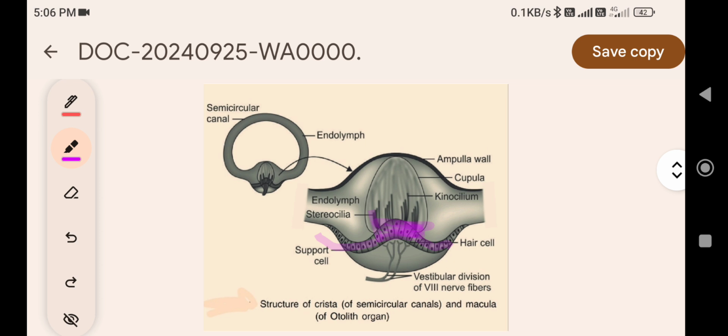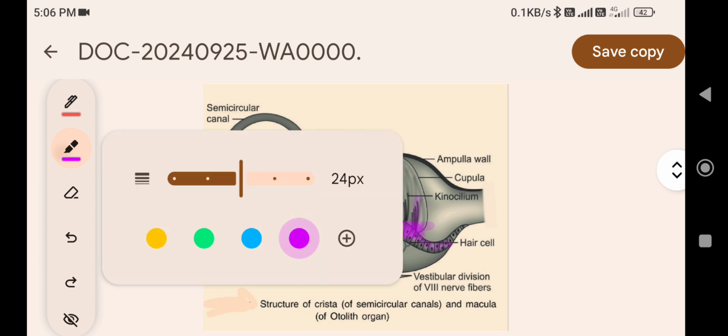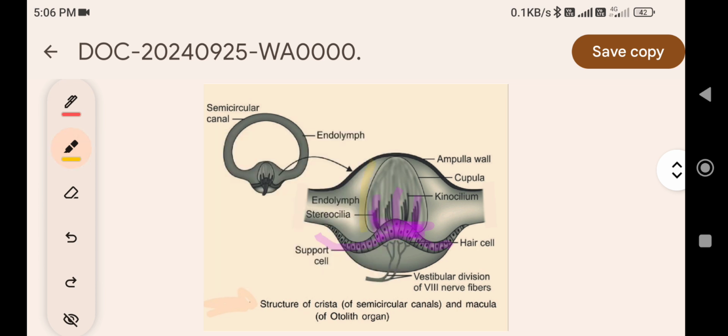Hair cells have processes going up, and then you see a dome-shaped gelatinous partition closing the ampulla, that is your cupula, and in this cupula the processes of hair cells are embedded. The base of the hair cells contacts the afferent fibers of the vestibular division of the vestibulocochlear nerve.